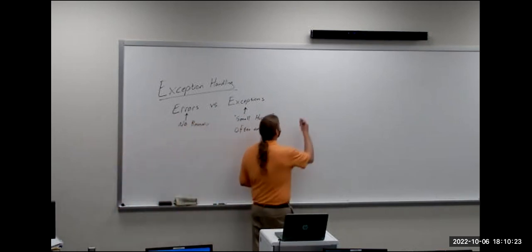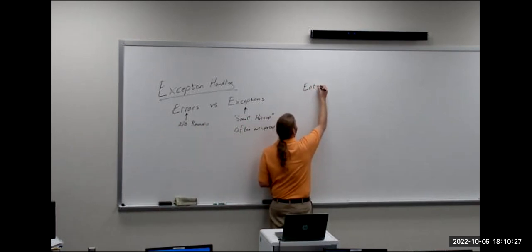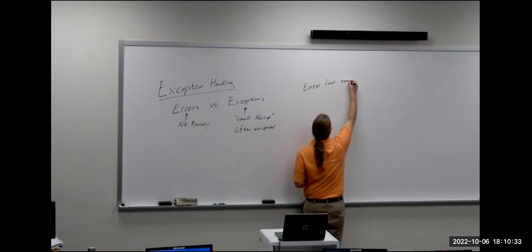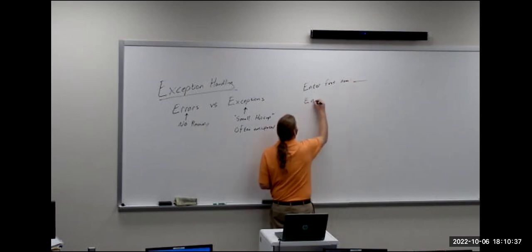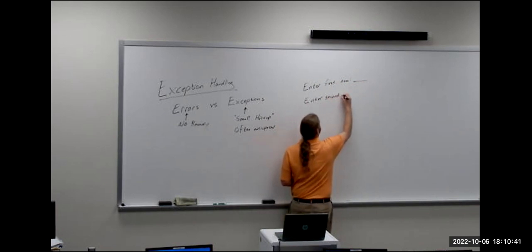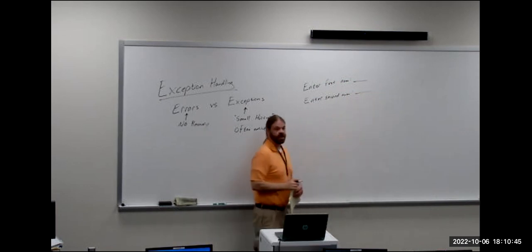For example, our program spits out a prompt, enter first number, and the user's going to type in something. Then we spit out another prompt, enter second number, and the user gives us a number.